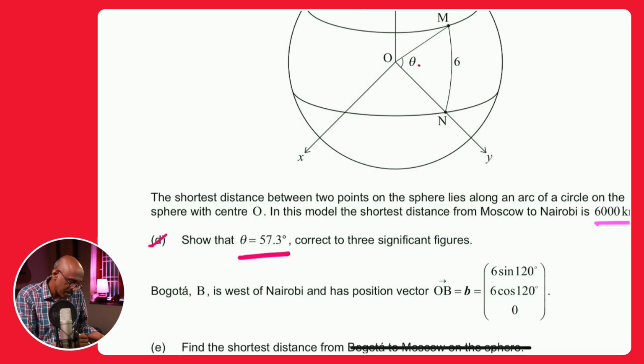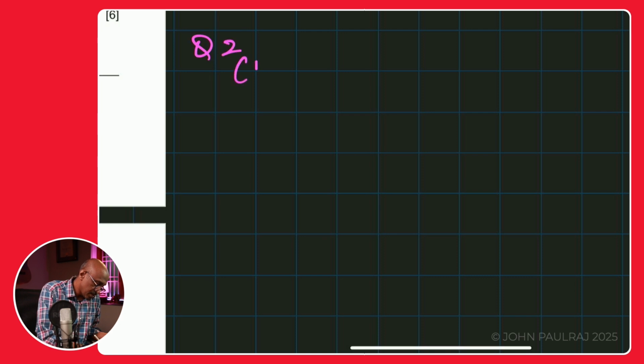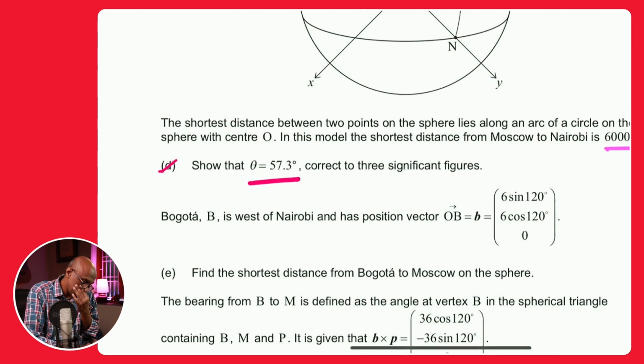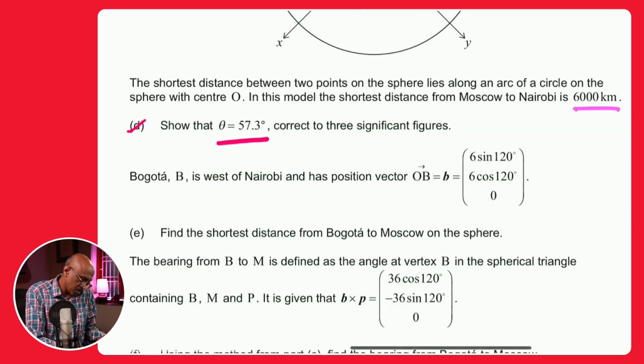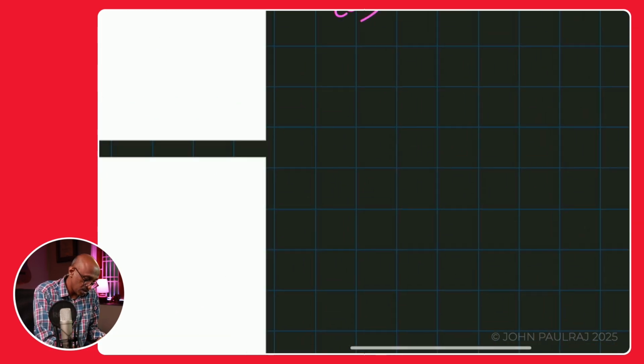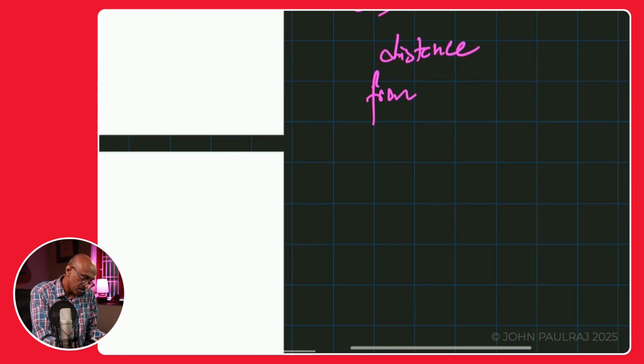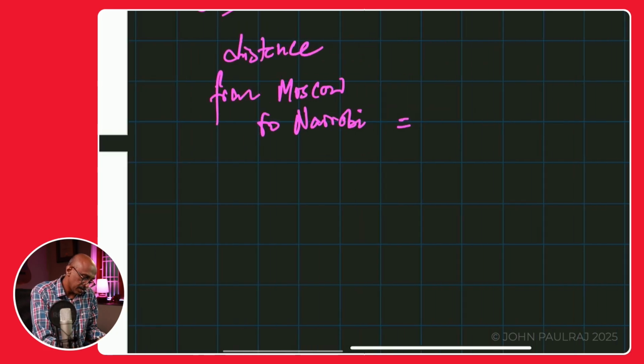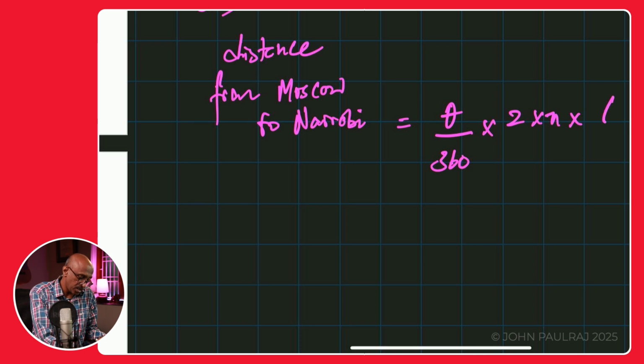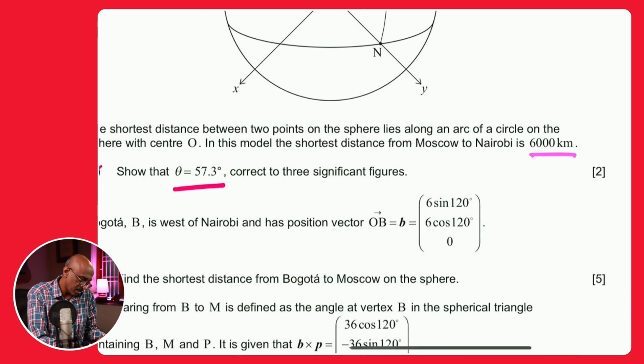So we're going to use the angle here, question 2D, and we want to show that the angle is 57.3. Basically, the language is shortest distance from Moscow to Nairobi, which is the angle we want to find out, theta over 360 times 2 times pi times the radius, which is 6, am I right? 6,000 was what we had earlier said in the question.